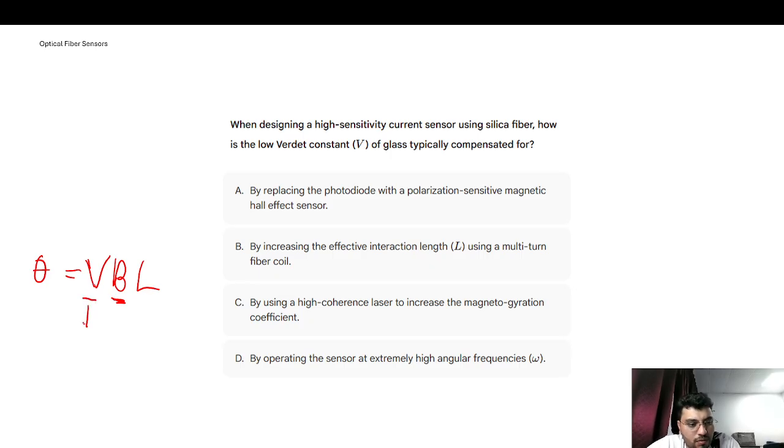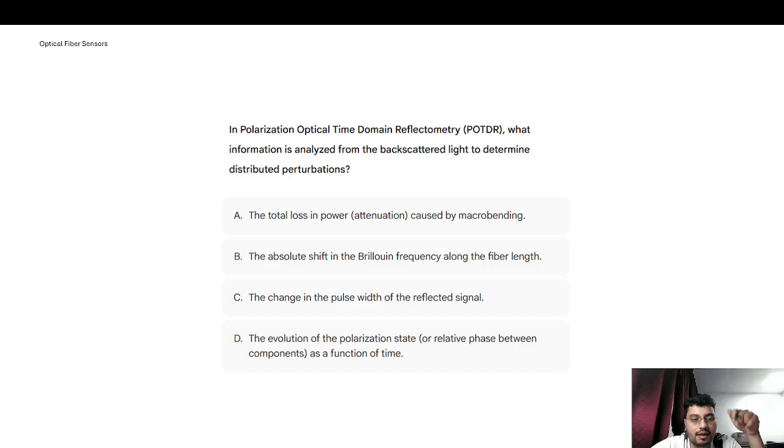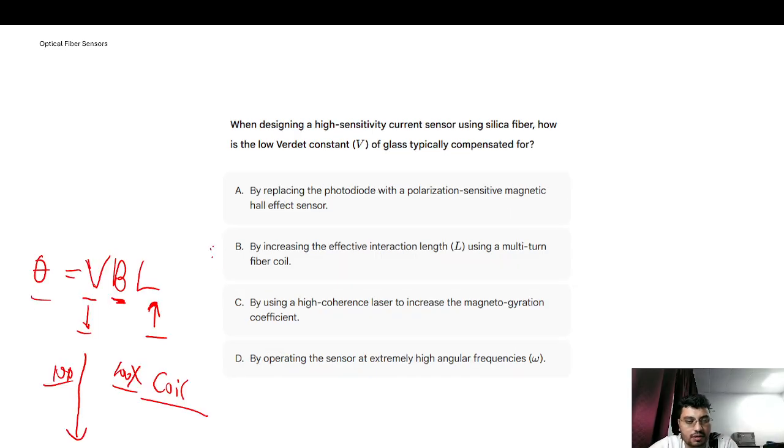So if V is low, we can increase the length L by a multi-turn coil fiber, then it can be compensated. We can multiply the coiling multiple times. Suppose, just as an example, if it is 1 and you coil 100 times, it will compensate it. So its correct answer is option B.